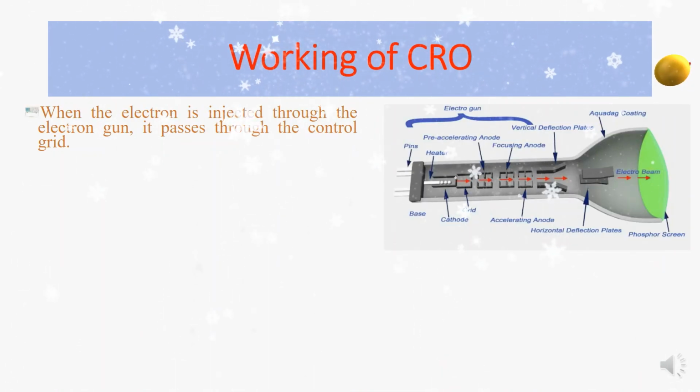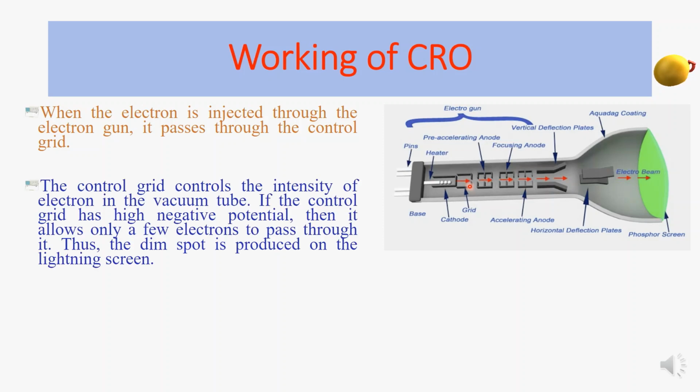Now let us see the working of a CRO, how a CRO works. On the right hand side you may see the CRT. When the electron is injected through the electron gun, it passes through this grid. We call this the control grid. The control grid controls the intensity of the electrons in the vacuum tube.